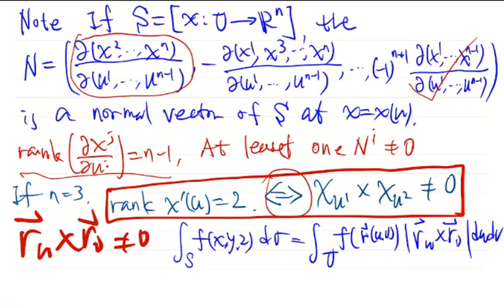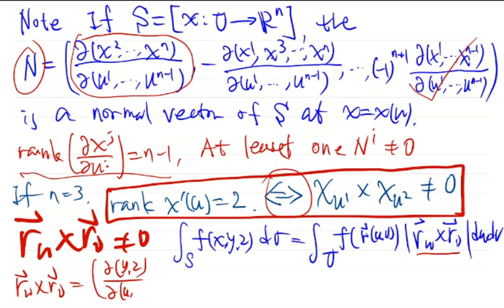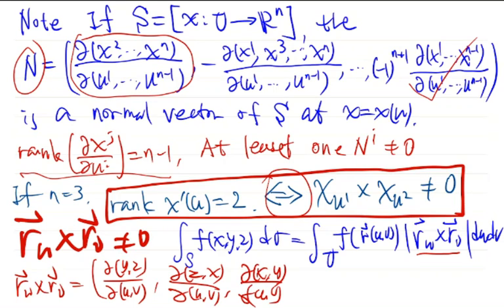But as we have mentioned, Ru cross Rv is precisely the vector N given here. Ru cross Rv is the Jacobian determinants of (y, z), (z, x) and (x, y) with respect to (u, v). This is precisely our capital N given here.